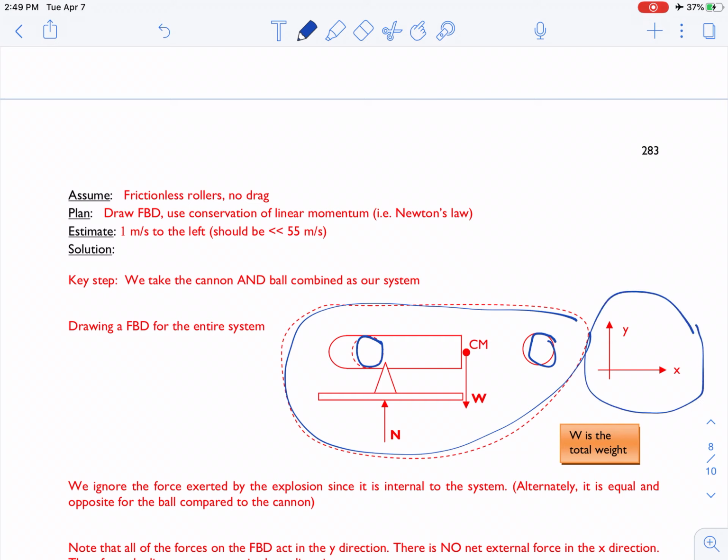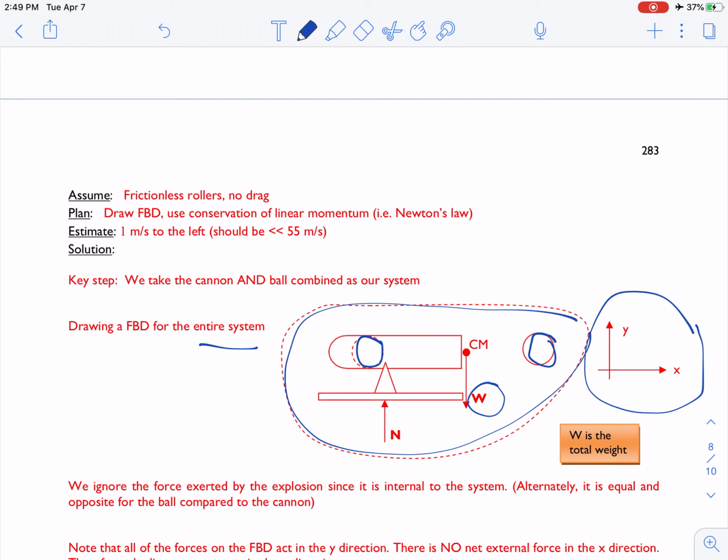And then we will have the normal force coming from those rollers from the ground, so that's represented by N, and the total weight force, because we are looking at the entire system, we're just going to have one weight force, right? And that has to be at the center of mass.